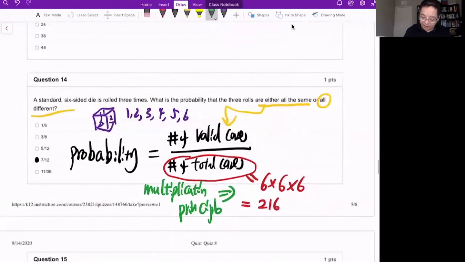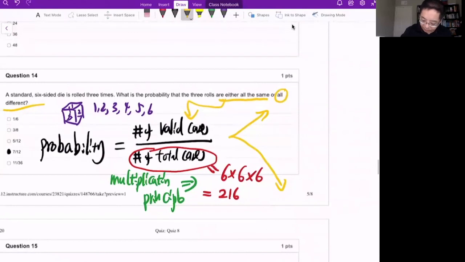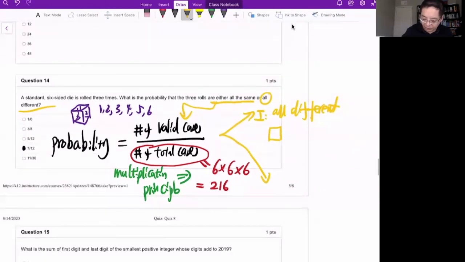Okay, now we need to calculate the valid cases. A valid case means either they're all the same or they're all different. We'll do 2 situations. So one, they're all different. Right? Okay, so if they're all different, we roll 3 times. The first one we have 6 choices.